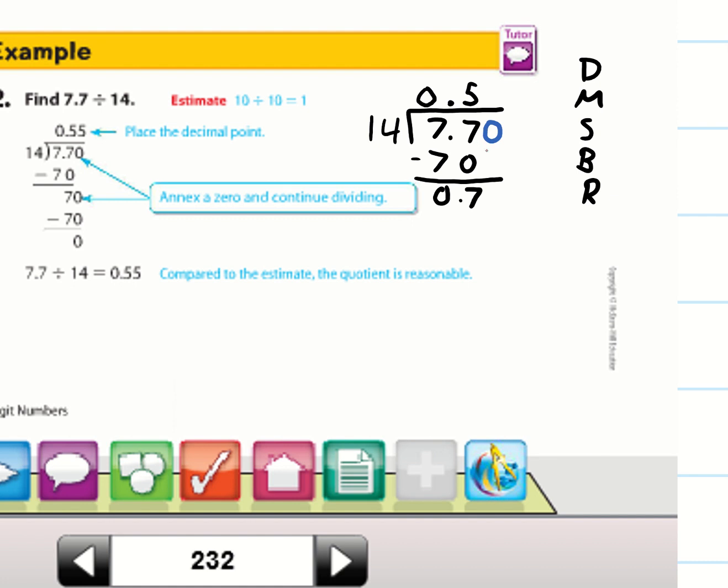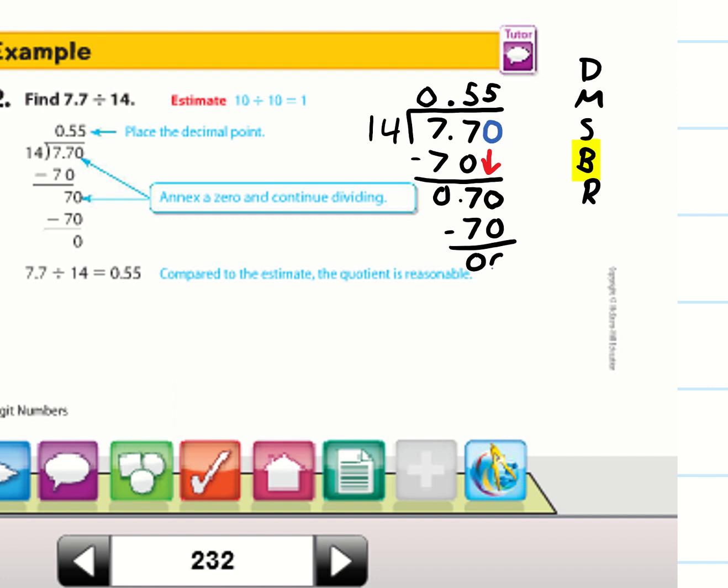So now that we annexed a 0, we can actually go back. Now we can bring down. So we're going to bring down the 0. We're going to have 70. So we know 14 goes into 70 5 times. So we multiply 5 times 14. We've done that already at 70.